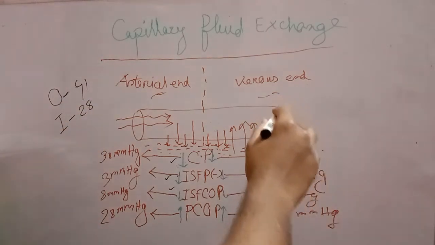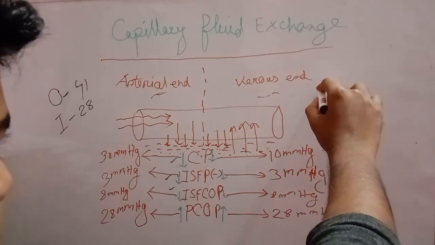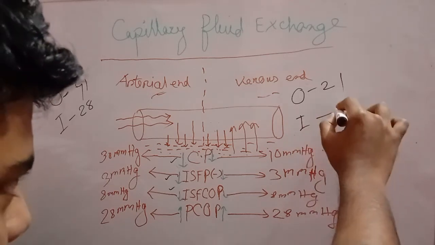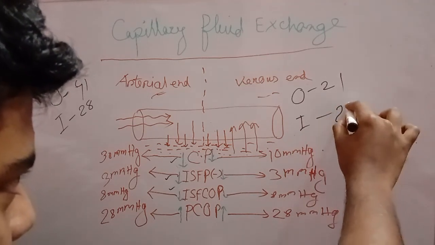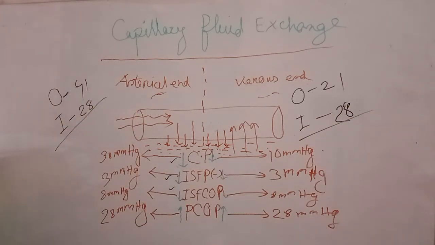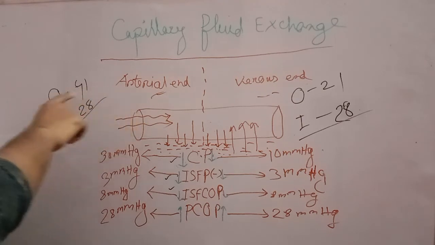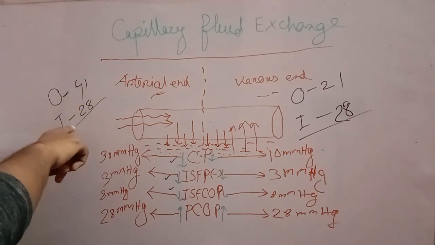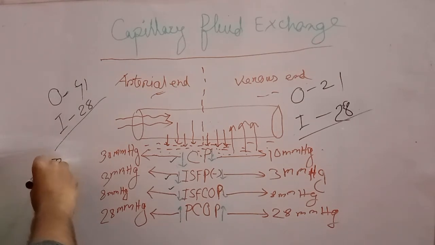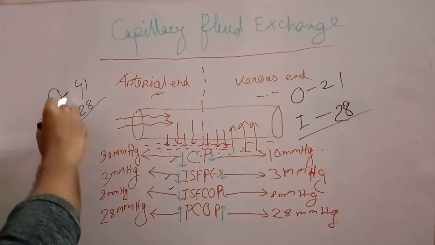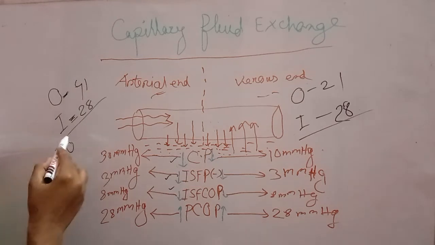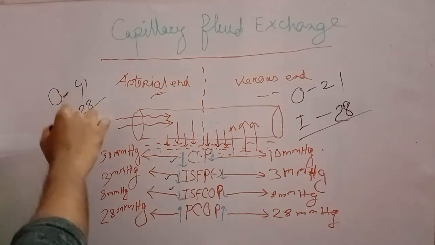Okay, and at the venous end, the outer force is 21 and the inner force is 28. Now you can see that at the arterial end, the outward force is greater than the inward force, so the summation of it is obviously outward.